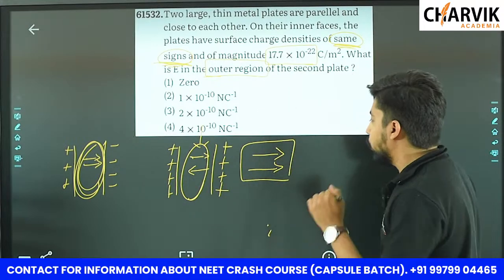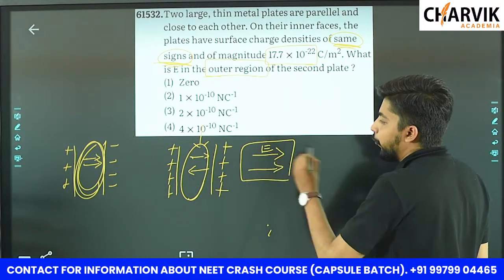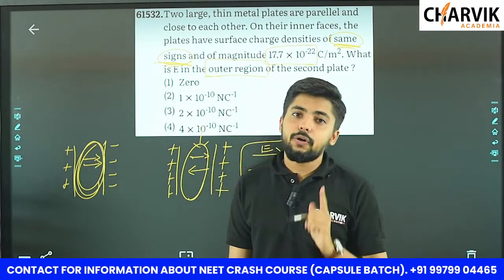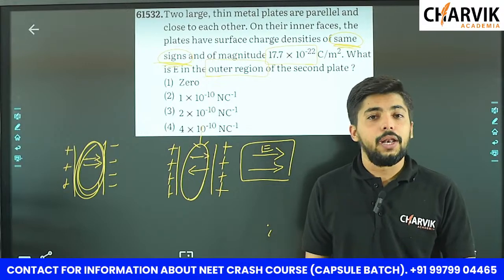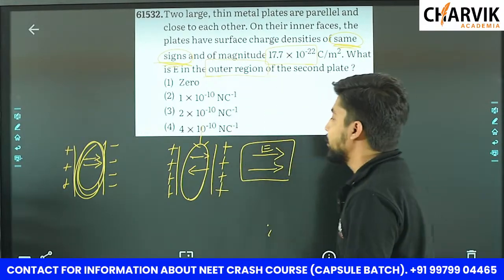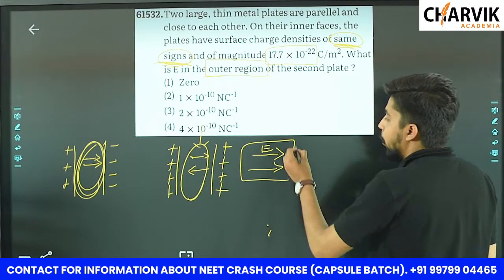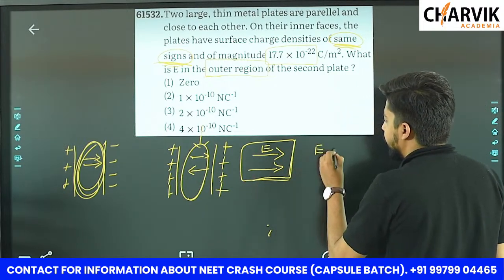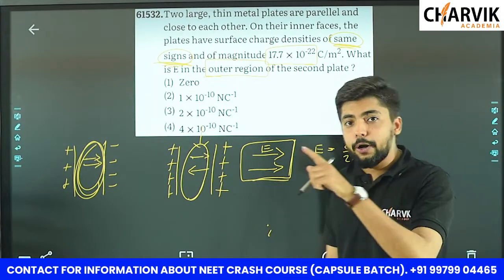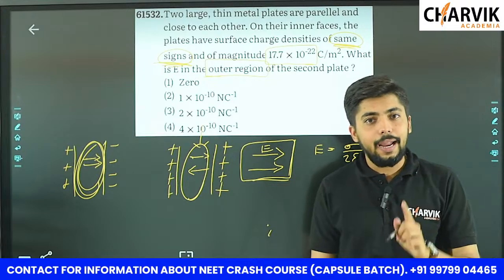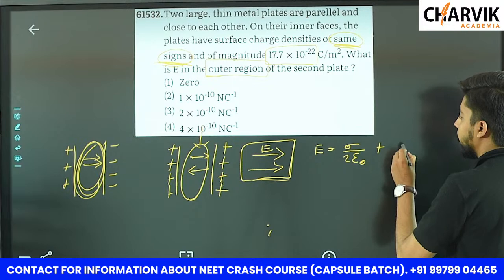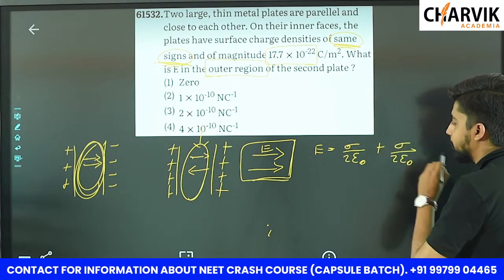Now you should know the value of the electric field due to a positively or negatively charged plate, which is in your syllabus in chapter number 1, last topic, application of Gauss's law, the second application, that the electric field due to a charged plate is E equals sigma upon 2 epsilon naught. And because there are two electric fields and both are in the same direction, we need to add both the electric fields. So it becomes plus one more sigma upon 2 epsilon naught.